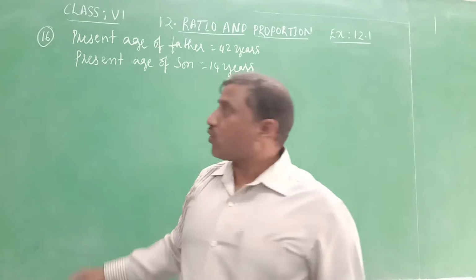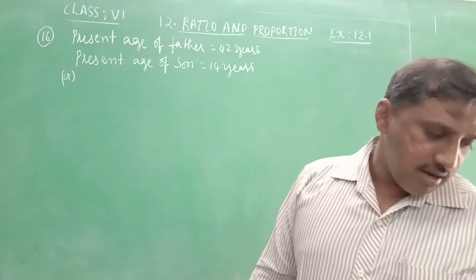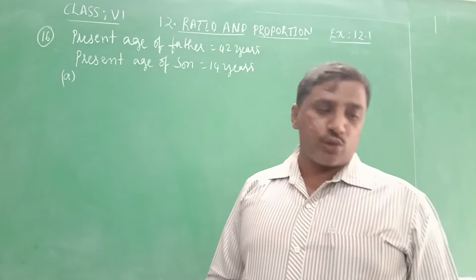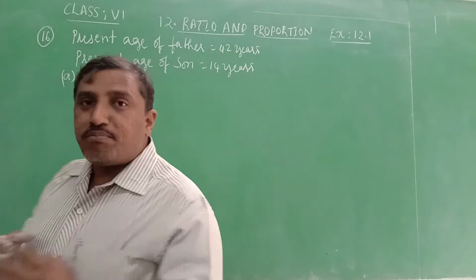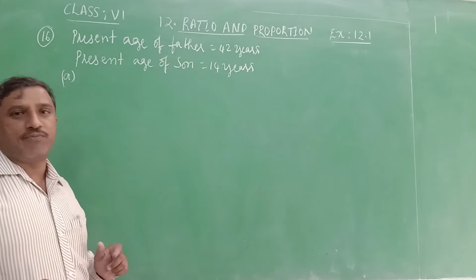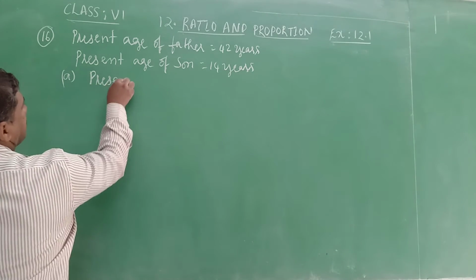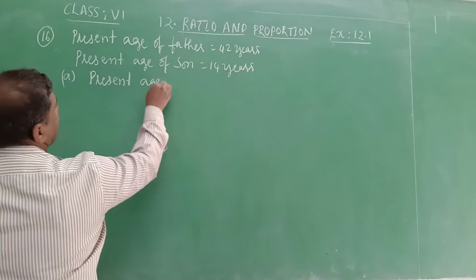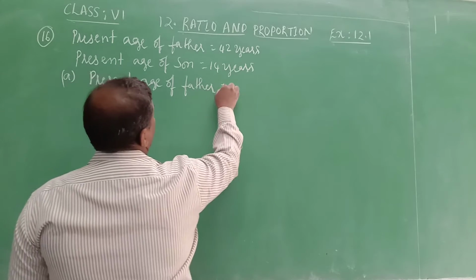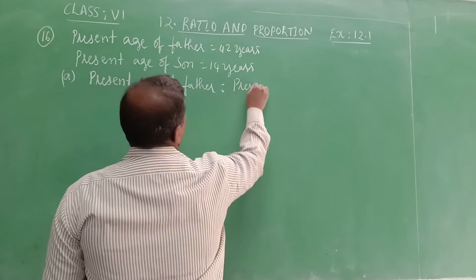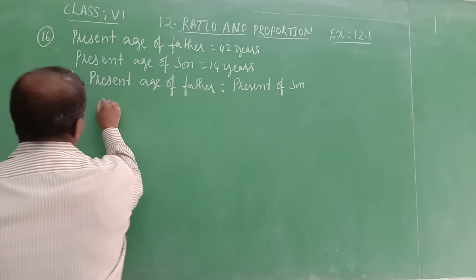Here there are 4 questions. The first: find the ratio of the present age of father to the present age of son. So what are the present ages?